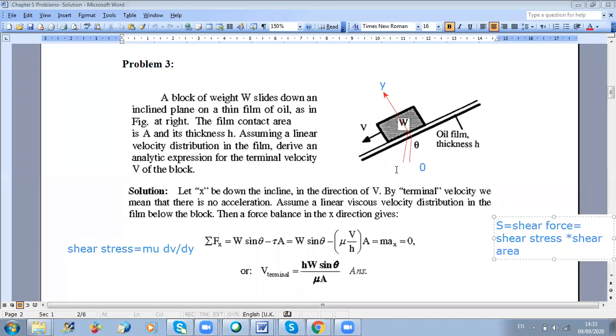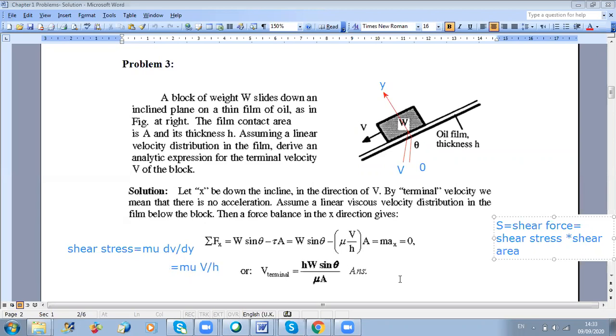And the thickness of my oil film is small h. So I can replace dV by dy. I can replace it here, so it's equal to mu times V over h. And now, if I replace back in the equation sum of x, if I replace tau by mu times V over h, I can get a relation for velocity.